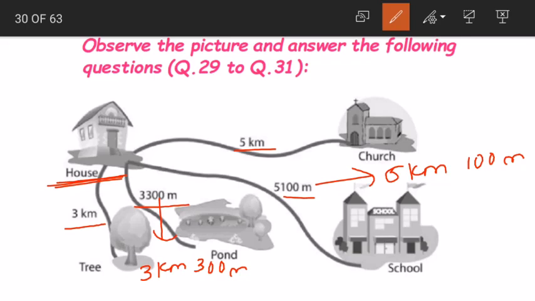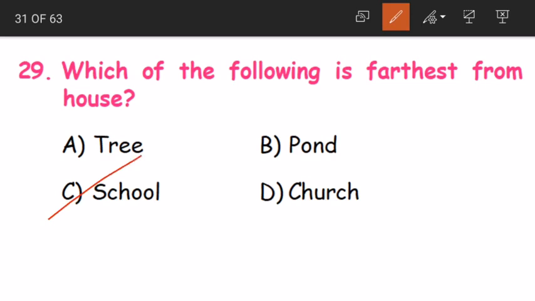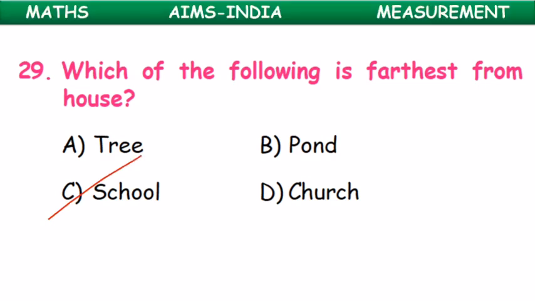Farthest means which is very far from the given 4 places, which is having the most distance to cover, that is our school. It is the farthest with 5100 meters, that is nothing but 5 kilometers and 100 meters. So option C, school, becomes our correct answer.